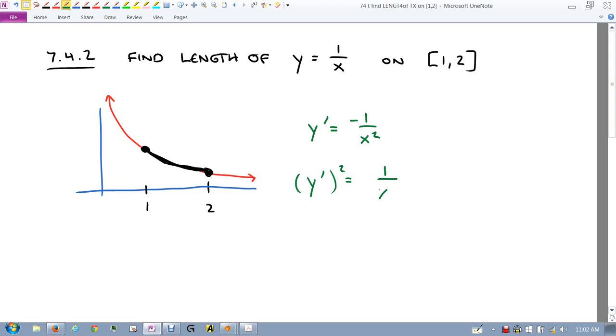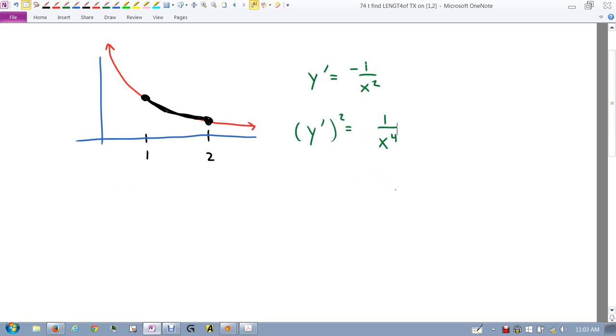I squared it: 1 over x to the 4th. So the length of this little segment here will be the integral from where to where? 1 to 2 of the square root of 1 plus 1 over x to the 4th dx.